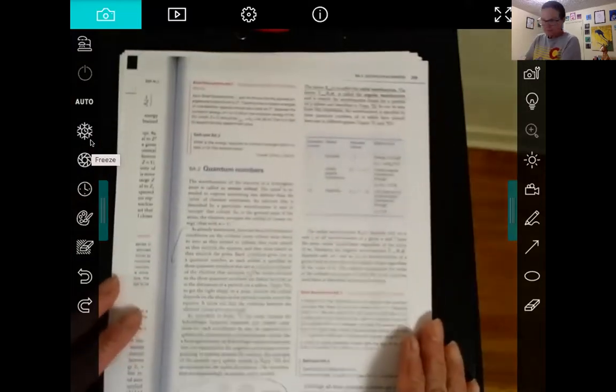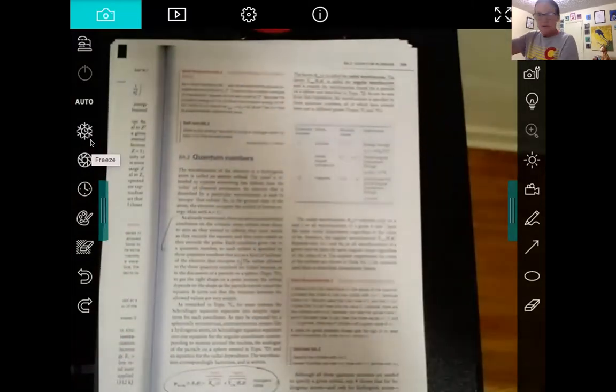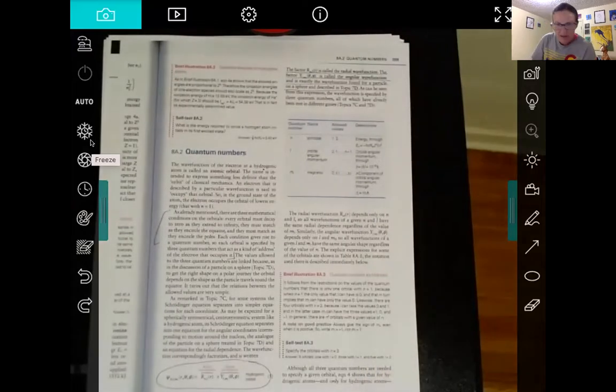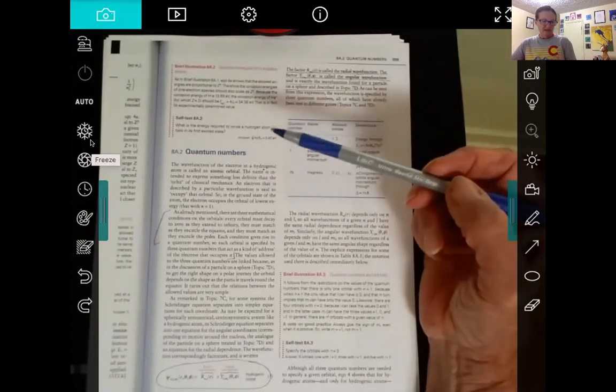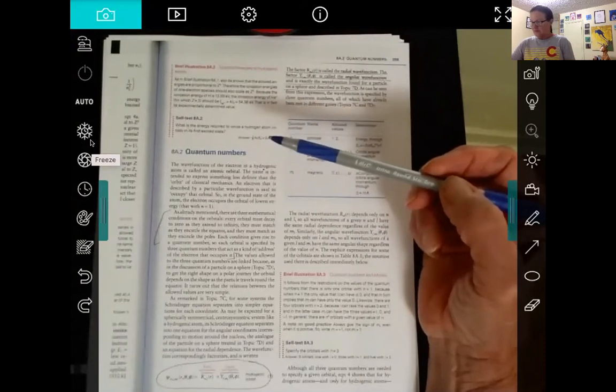So we look at the wave functions in a little more detail. The quantum numbers we end up with, we call n, l, and m sub l.